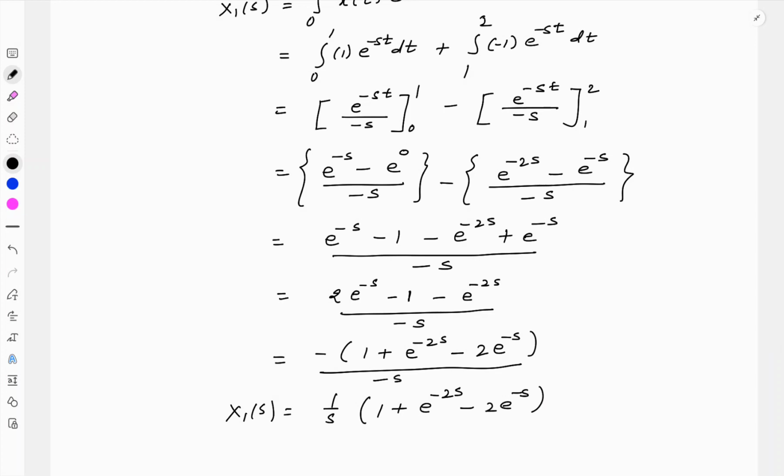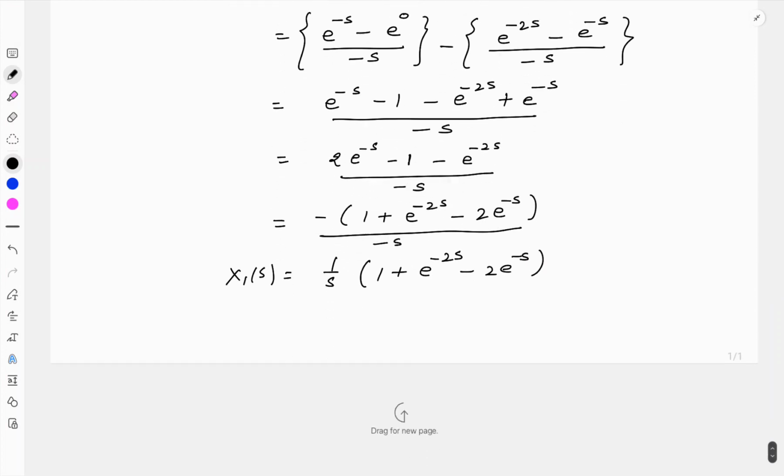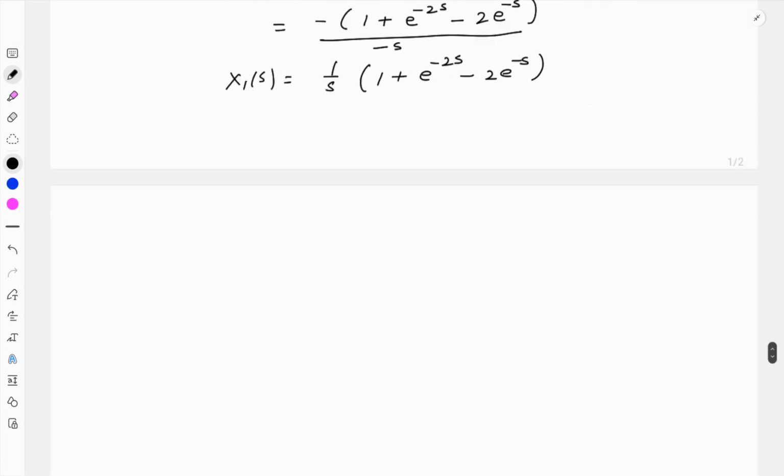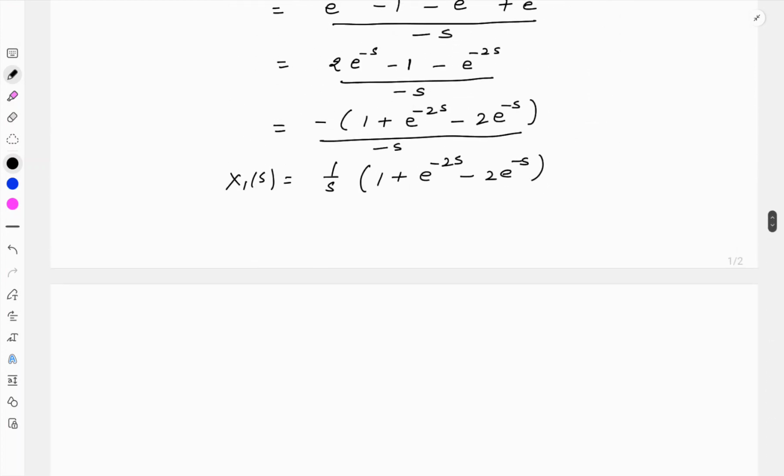Now we need to substitute this value in the equation of X(s). So here X(s) is equal to 1 upon 1 minus e raised to minus sT into X1(s). Let us substitute this value.